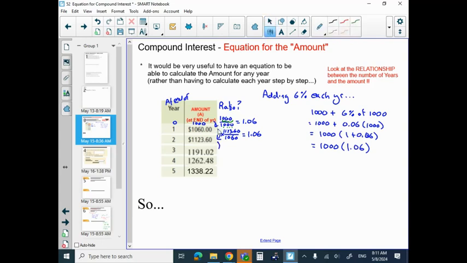Anyway, so each of these along the way is a multiply by 1.06 when you do the math, just dividing the second one by the first one all the time. And so we see we have a common ratio.